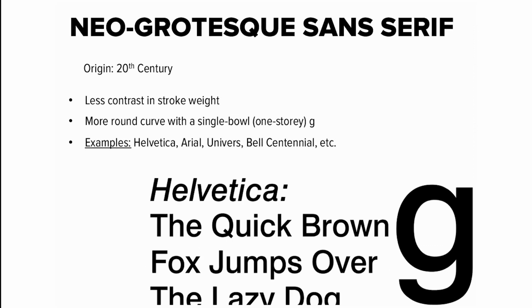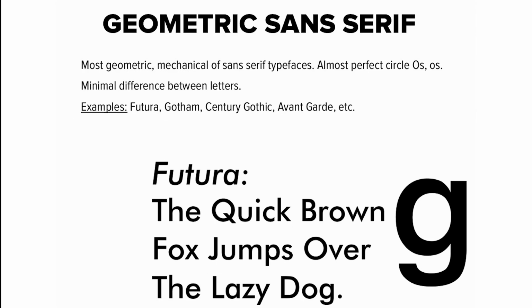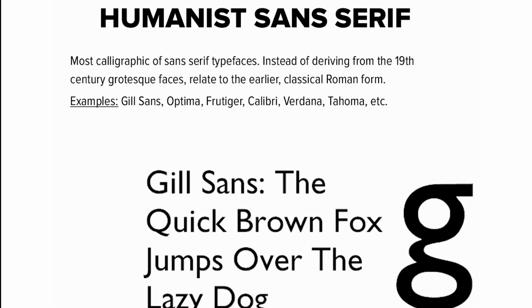Neo-Gothic sans serif has less contrast in stroke weight, more round curves, with a single ball: Helvetica, Arial, Universe, Bell Centennial. The geometric sans serifs are Futura, Gotham, Century Gothic, and Avant Garde. These are the most geometrical and mechanical of sans serif typefaces, with almost circular O's and minimal difference between letters. Humanist sans serifs are Gill Sans, Optima, Lucida Grande, Calibri, Verdana, and Tahoma.